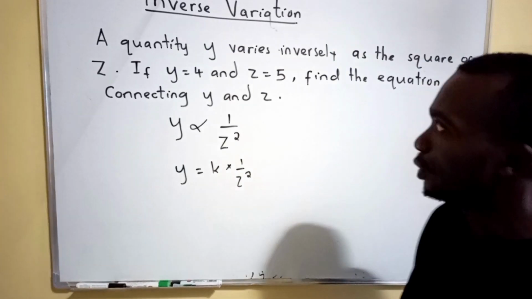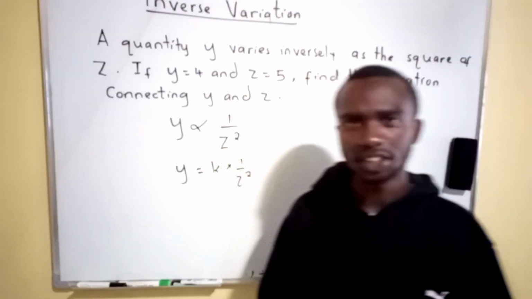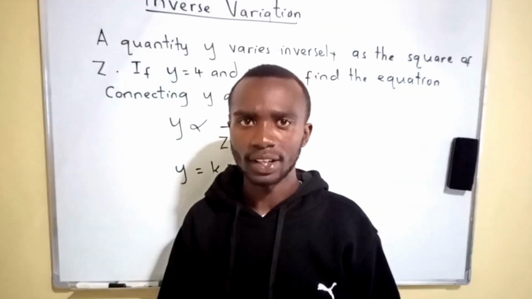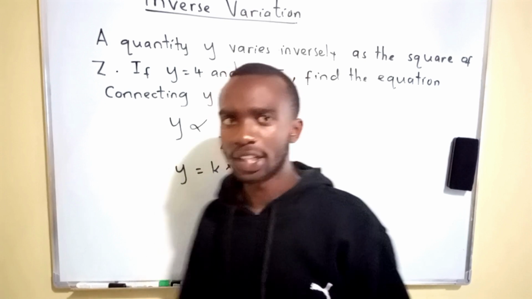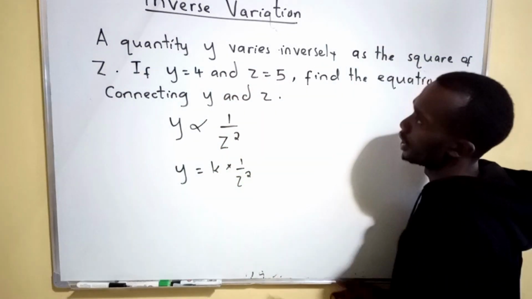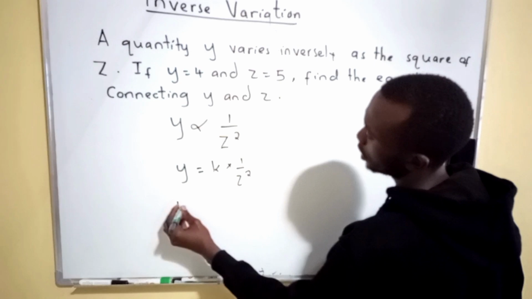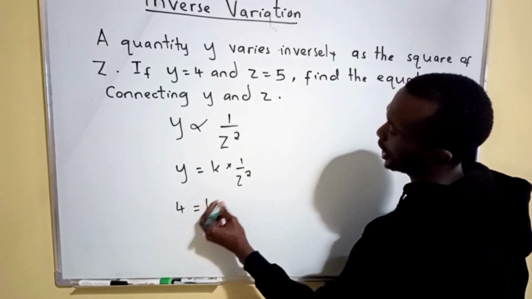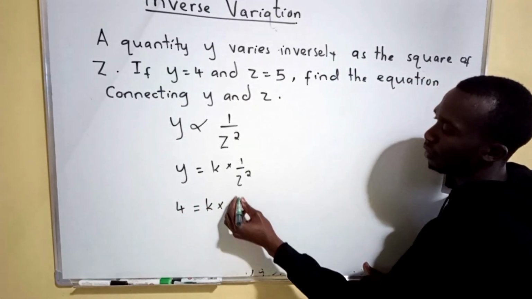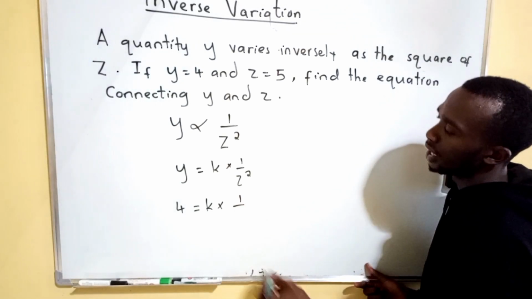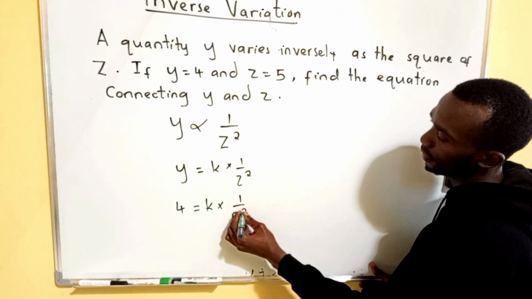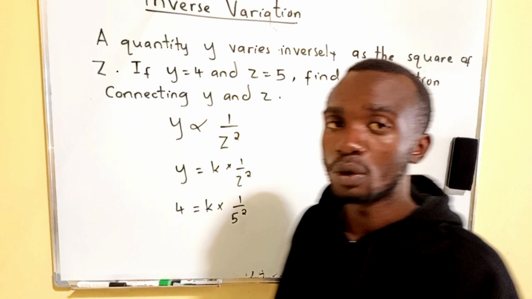Now, if y is equal to 4 and z is equal to 5, the first part helps us to find the constant of proportionality of the two variables. So y is equal to 4 is equal to k times 1 over z squared, that is 5 squared. We substitute to find the value of k.